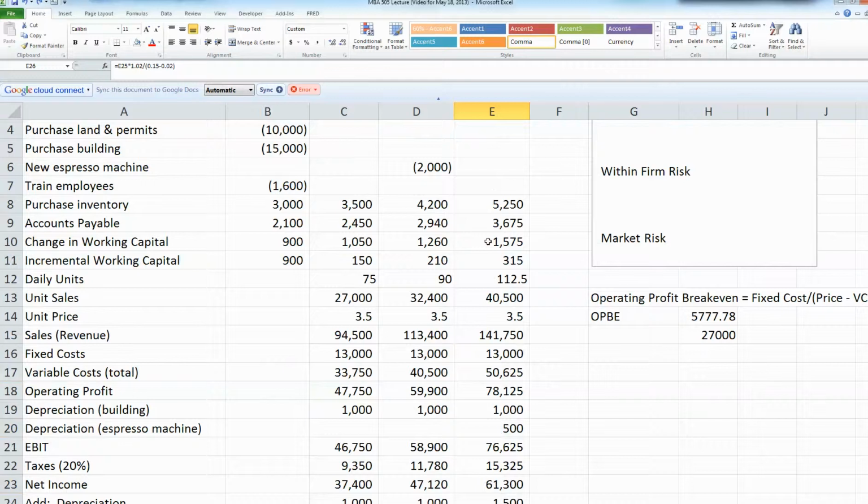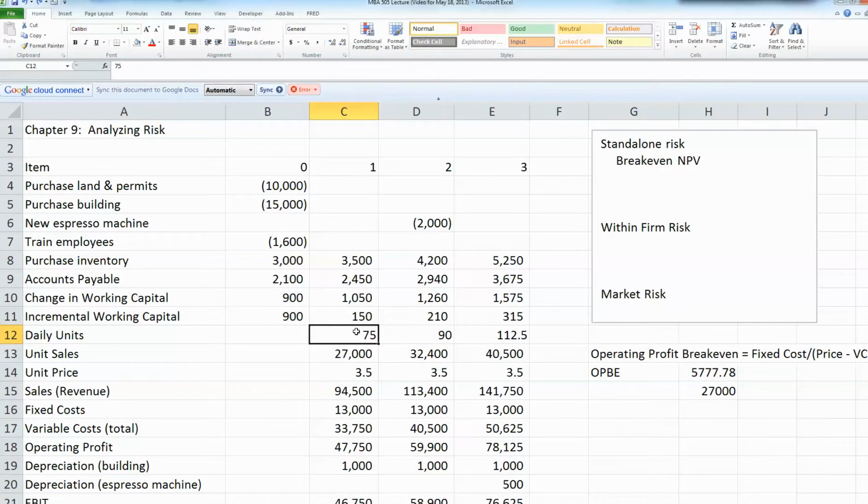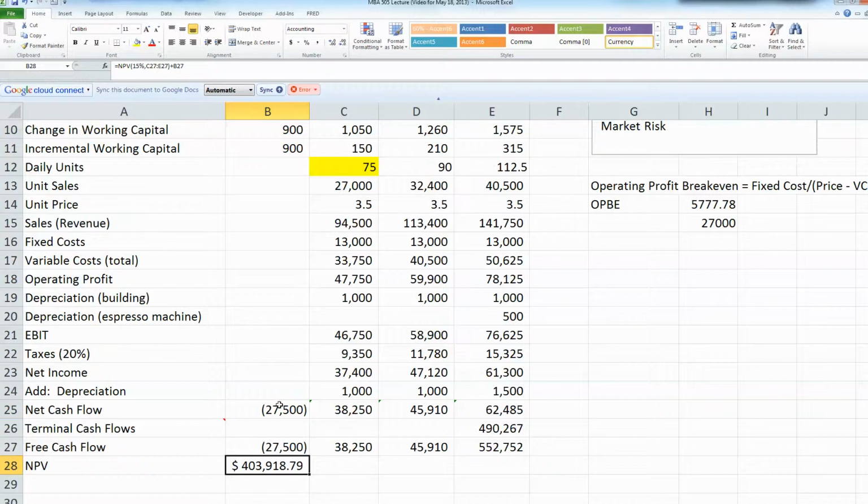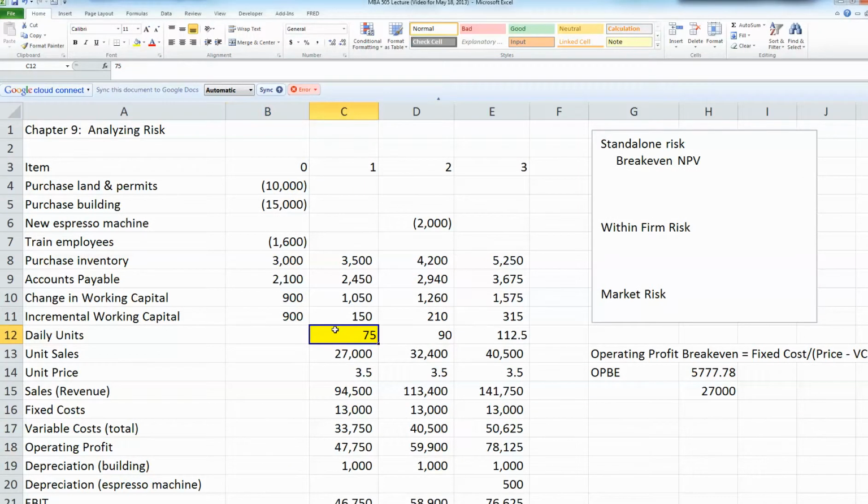So what I want to do is essentially solve for this number, how many units I need to sell a day, so that my net present value exactly equals 0. And this will be for the first year only. The second year, I have equations in there, and I need to use that process to enlarge the font in my equation window, and I haven't done that.